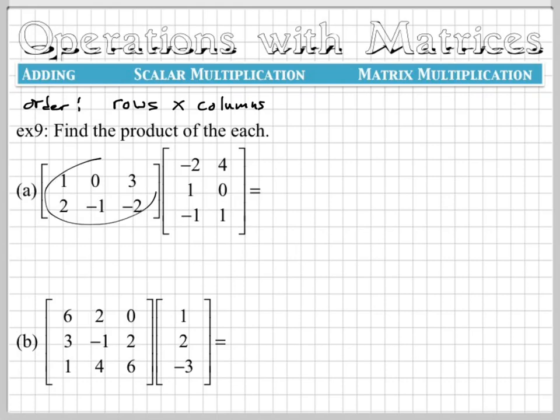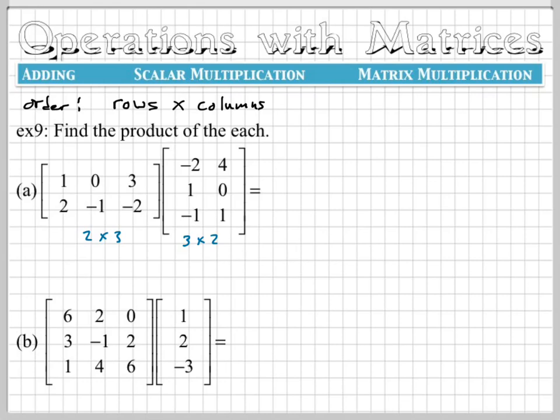All right. So what's the order for this first matrix? It is a 2 by 3. There are 2 rows, and then there are 3 columns. And the next one, what's the order for this one? It's a 3 by 2.